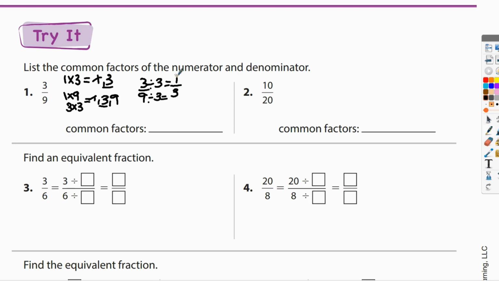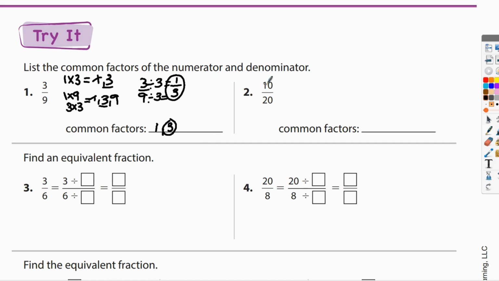Okay, I broke it down using division. I did a little bit more. For this case, we just need to list the common factors of the numerator and the denominator. So the common factors are 1 and 3, and we divided by 3.